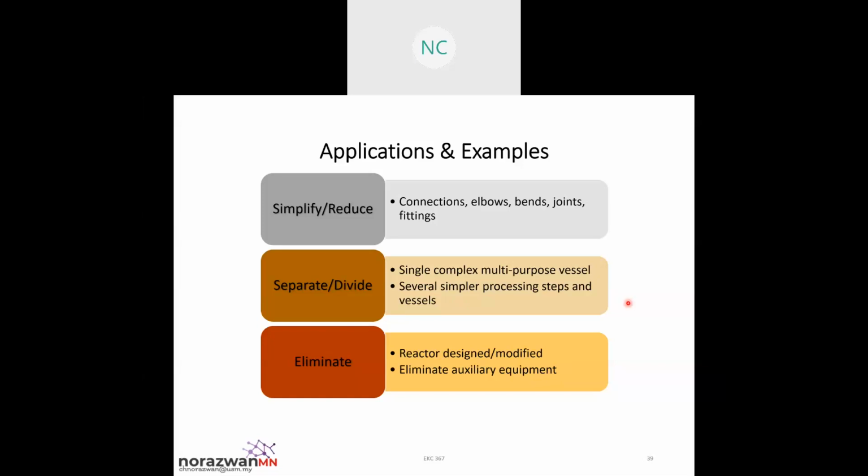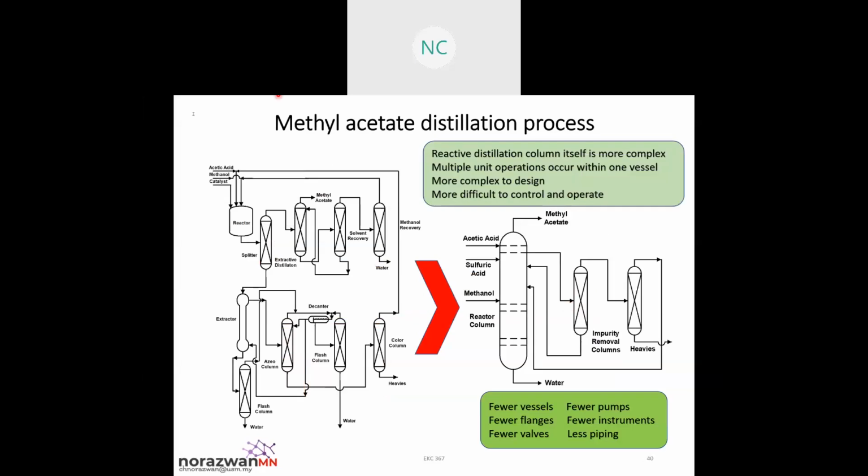So this is the give and take in how you can implement your simplification strategy. Okay, for example, this is one of the best examples that you can find for your simplification process.